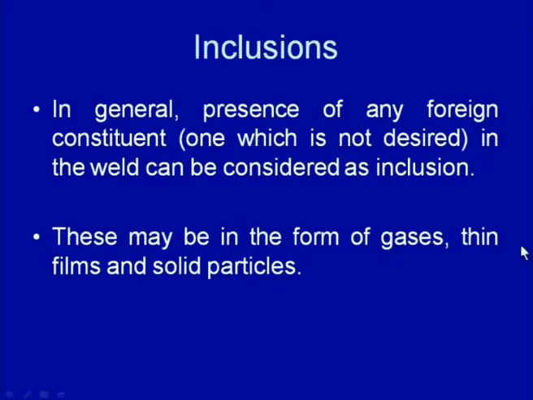The inclusions in case of the aluminum welds are mainly found in the form of hydrogen gas and aluminum oxide as solid particles. So, if any foreign material which is not expected to be there is present, it can be considered as inclusion, and these inclusions may be in the form of gases, thin films and solid particles.